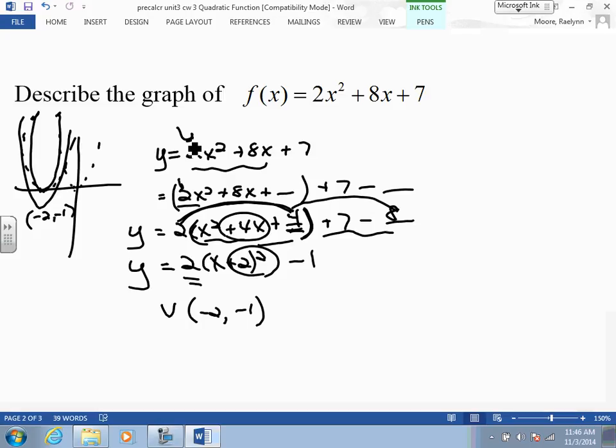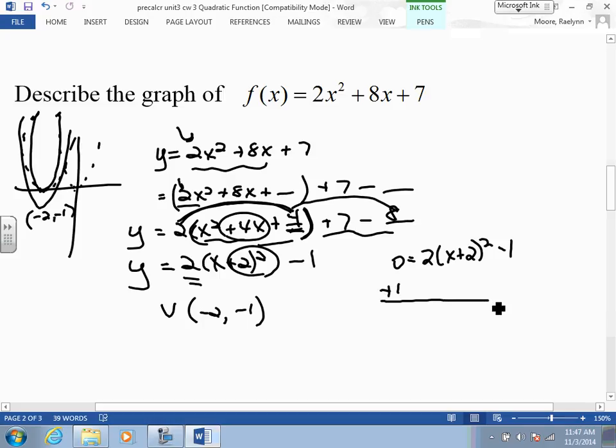If we want to find the roots, we do this. We set y equal to 0 because at the x-axis, y is 0. This is so much easier. I'm surprised you guys don't remember this from last year. Add 1. Divide by 2.